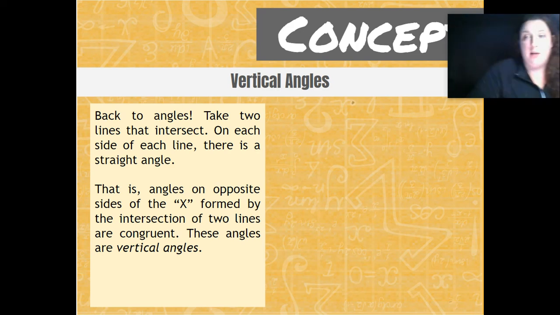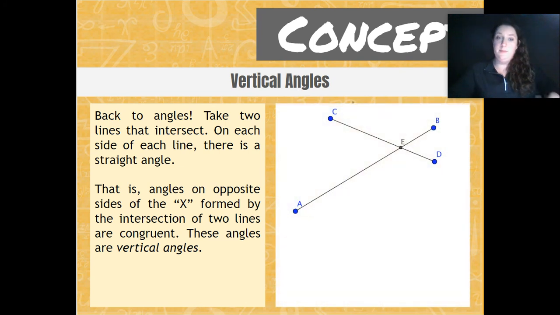These angles are called vertical angles. So if you were to look at angle CEB and angle AED, they would be the same. If you looked at angle BED and CEA, they would be the same if you measured them out.